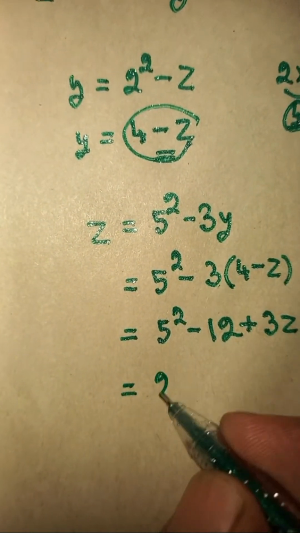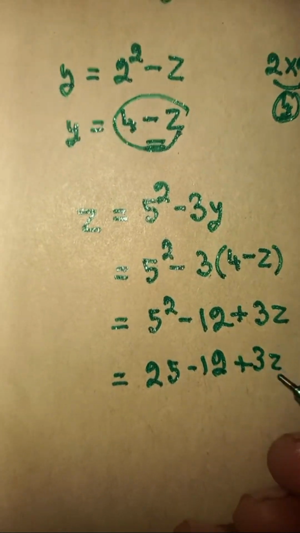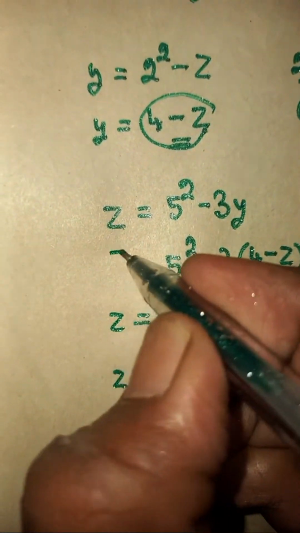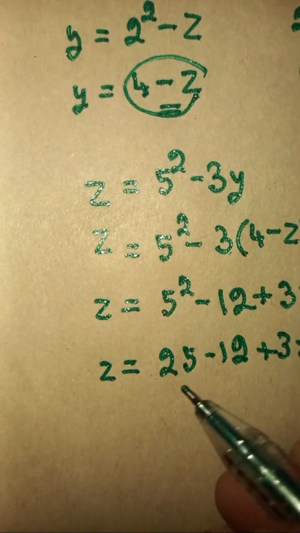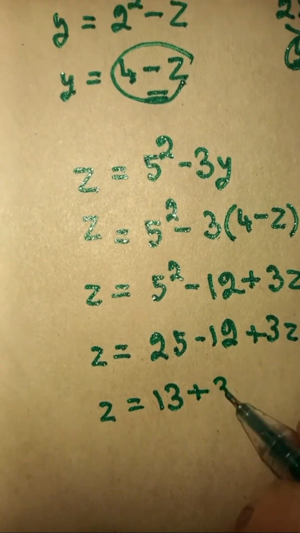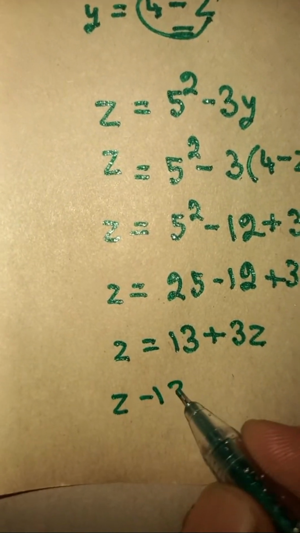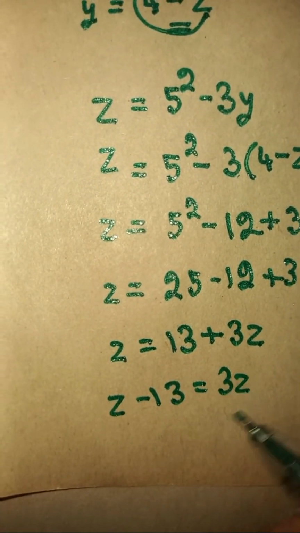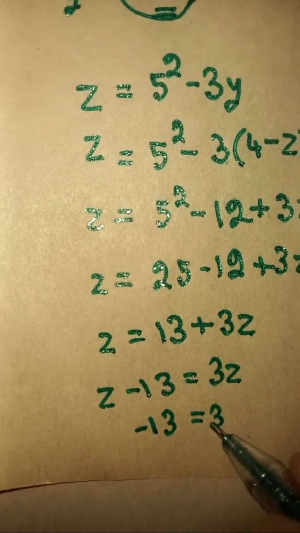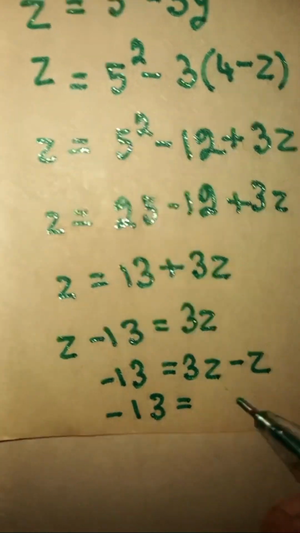You get 25 minus 12 plus 3z, which is equal to z. Now 25 minus 12 is 13, so z equal to 13 plus 3z. Now send that 13 to this side, it becomes z minus 13 equal to 3z, and send this z to this side, it becomes minus 13 equal to 3z minus z. Minus 13 equal to 2z.